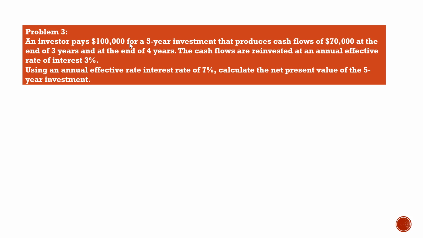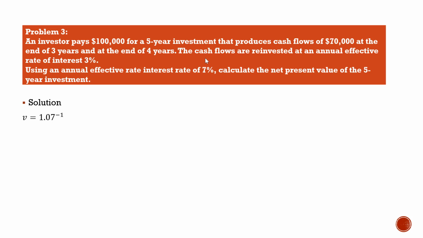Then at time 3, he received $70,000, but $70,000 is immediately reinvested at interest rate 3%. So the 70,000 at time 3 is accumulated to 70,000 times 1.03 squared at the end of 5 years, and the 50,000 that he received at time 4 will accumulate to 50,000 times 1.03 at the end of year 5.